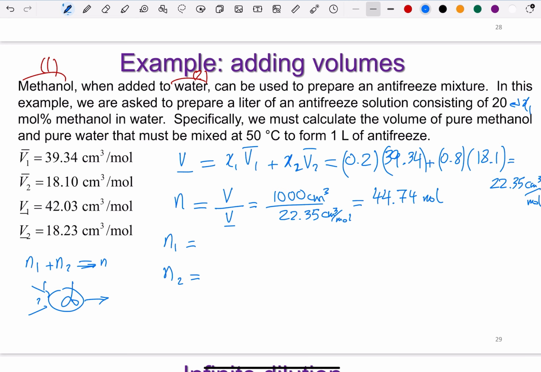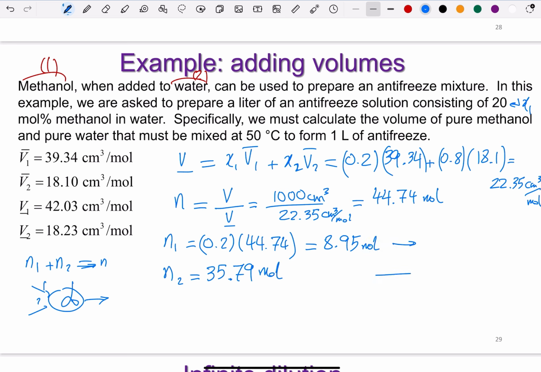So 0.2 times the total number of moles, 44.74, gives 8.95, and N2 is going to be 80% of that, which is 35.79 mole.